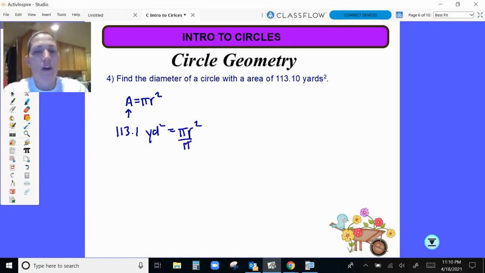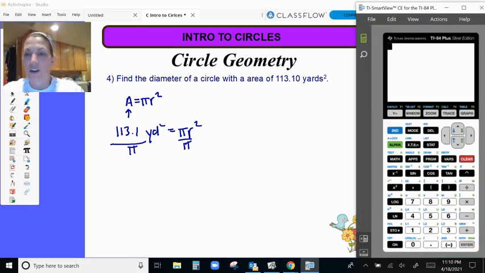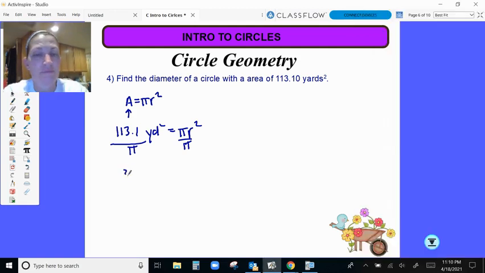So now if I just divide by pi, I take my 113.1 and I'm going to divide that by pi. That's going to give me 36. 36 yards squared, that's a nice even number, equals radius squared.